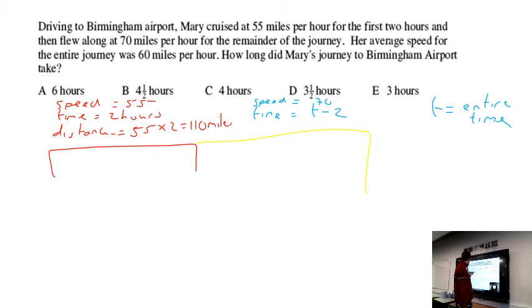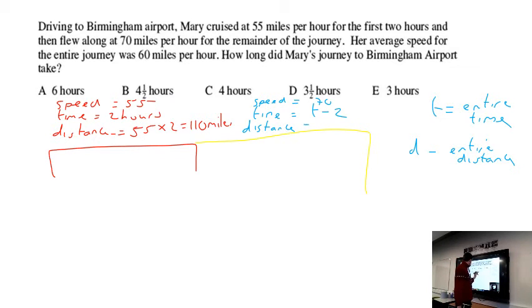And then distance. Okay, we use another letter d, which is the entire distance. Okay, so this is a combination of travelling by car and then by plane.